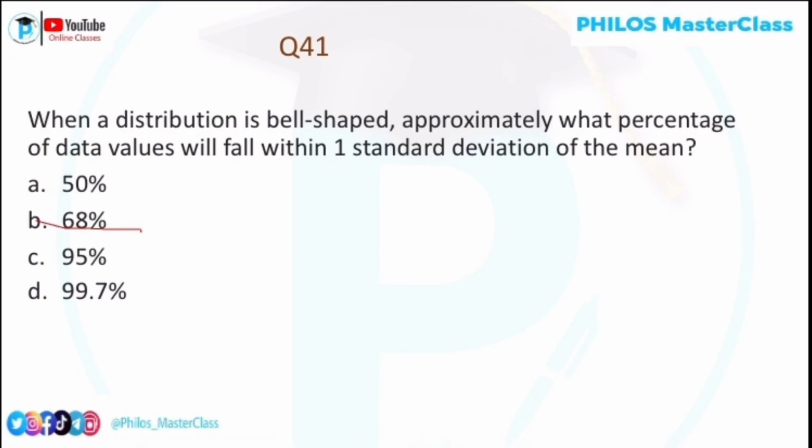If the question says, what percentage of your data values will fall within two standard deviations of the mean? That one, the answer will be 95%. If the question says 3 standard deviations of the mean, that one, the answer will be 99.7%. But this particular question says 1 standard deviation of the mean. So the answer is 68%.